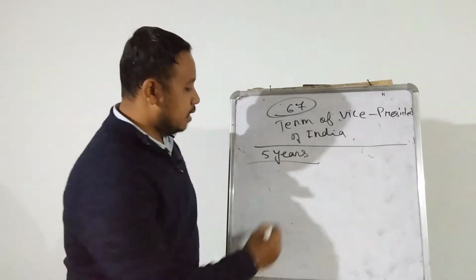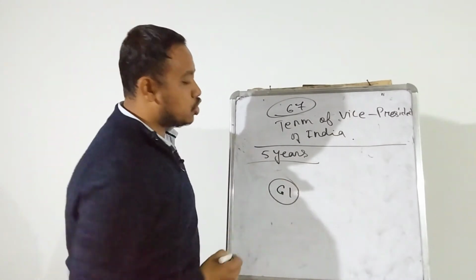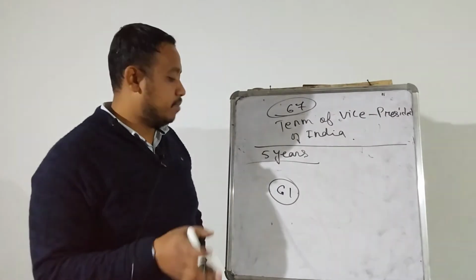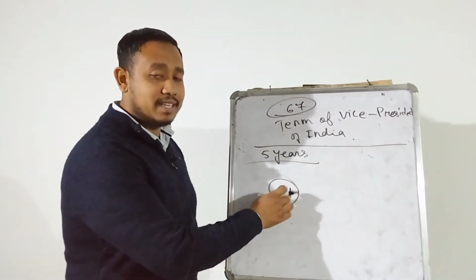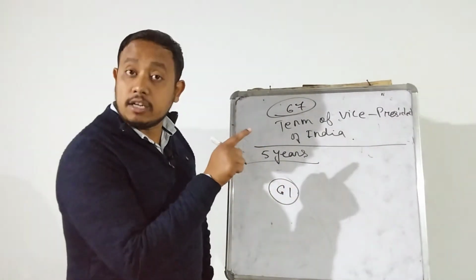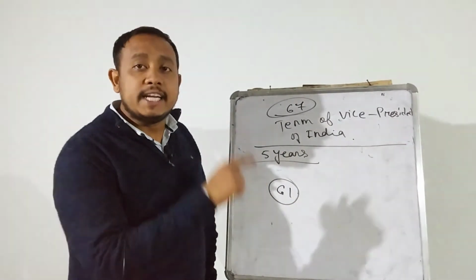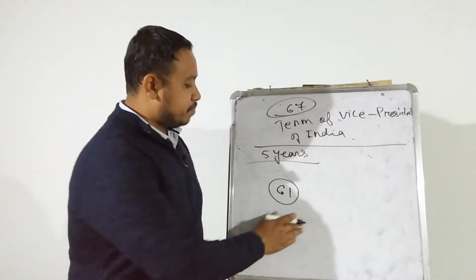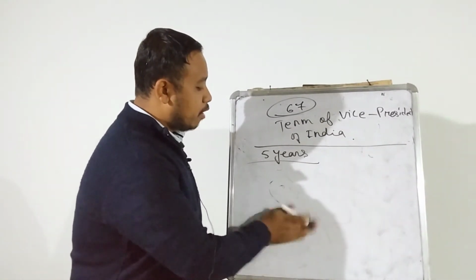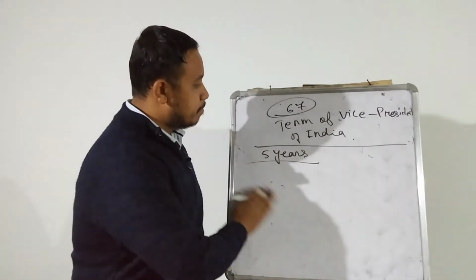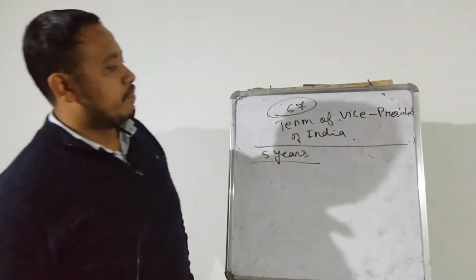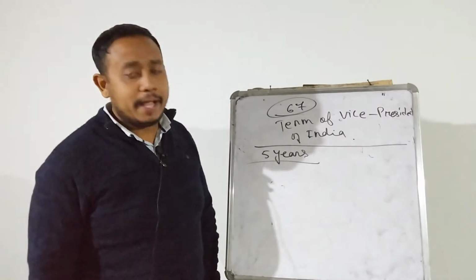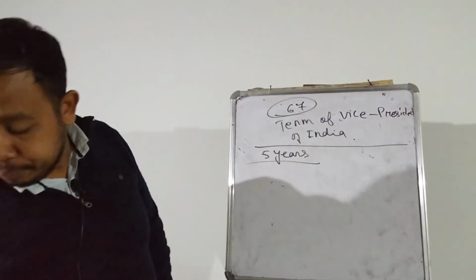Article 61 of the Indian Constitution is mentioned about the impeachment of the President of India. So for the President of India there is a formal impeachment, but for the Vice President of India there is no formal removal, or impeachment, you can say.